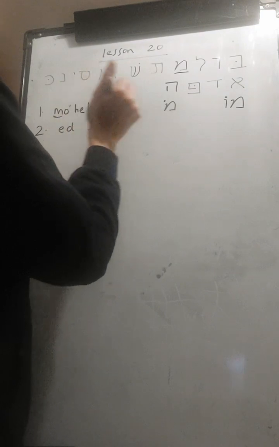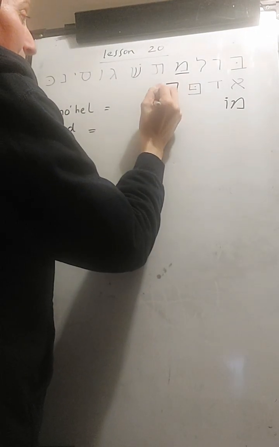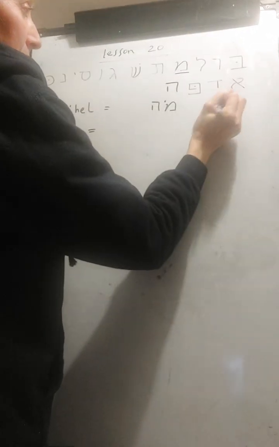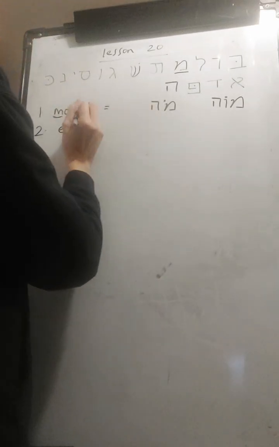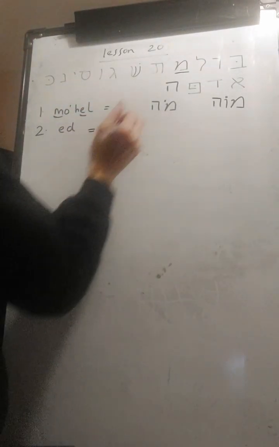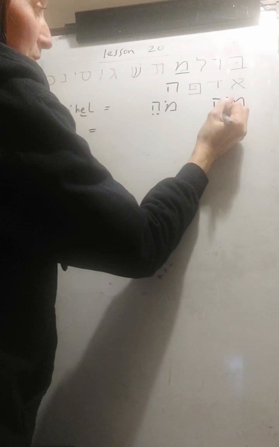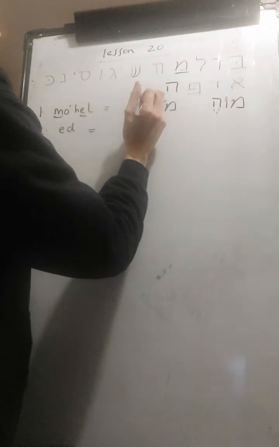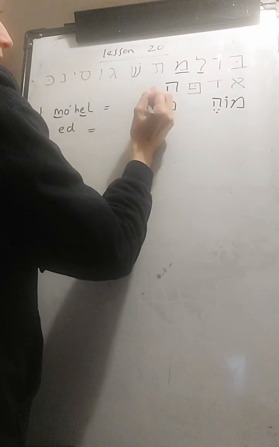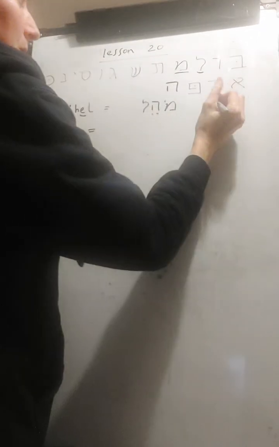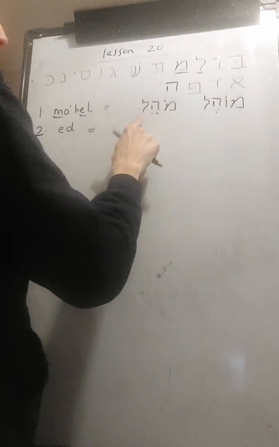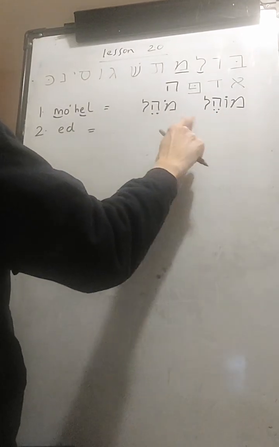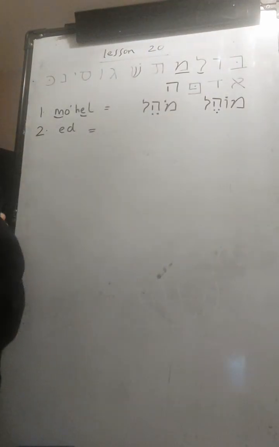And then hell, so we'd need the ha. The air vowel, so we could put 2 dots, or we could put the 3. It doesn't matter, they still read the same. And then lamed, l, on the end. And we wouldn't put a vowel under there because it closes it.